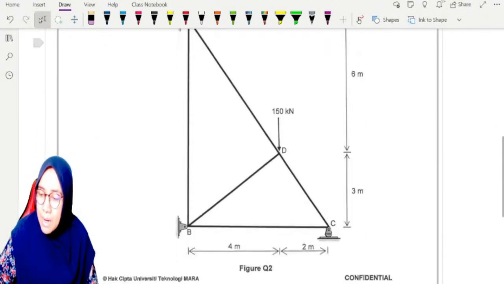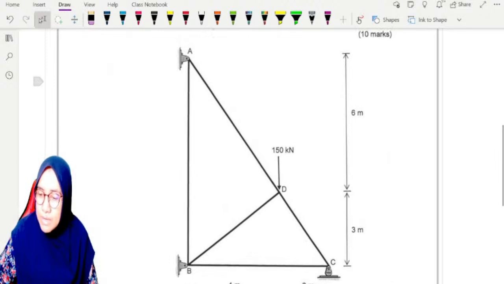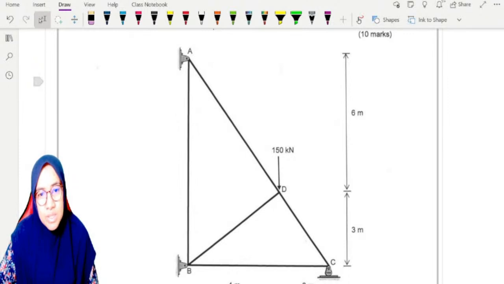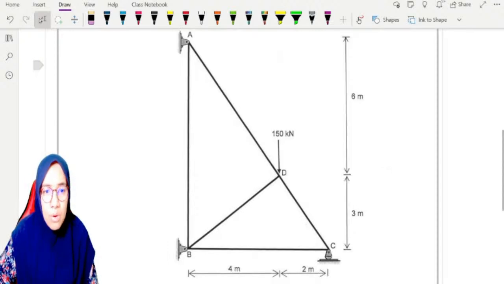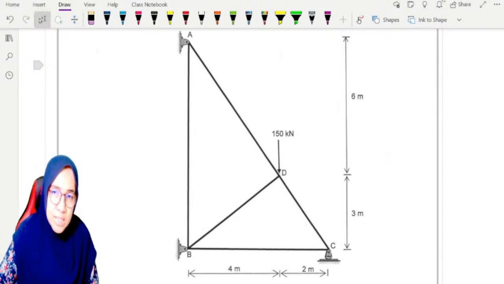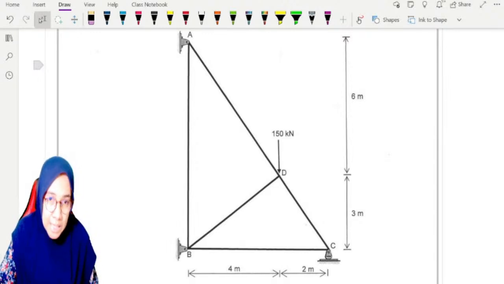But what is most important first is we need to identify whether this question can be analyzed or not using the stiffness equation. We have to make sure that the maximum unknown displacement in this truss is 3.